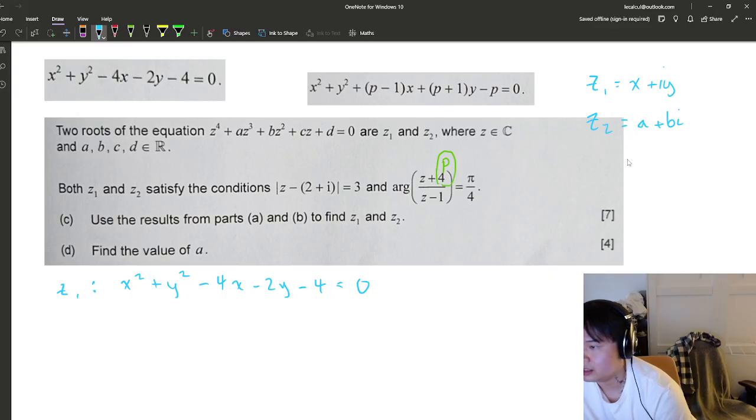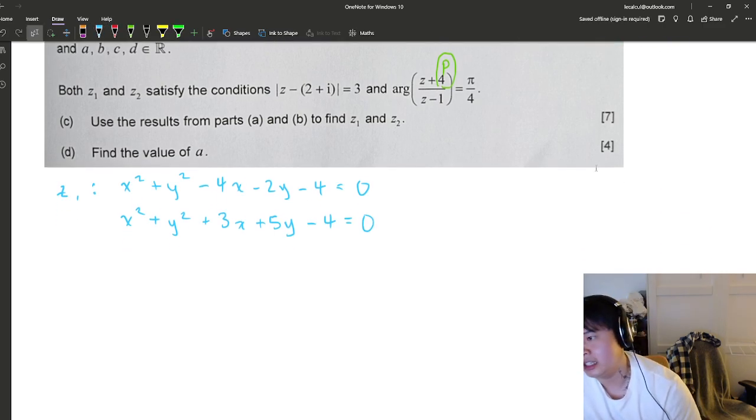Then from the other part B, x squared plus y squared, and then P is 4, so 3x plus 5y minus 4 equals 0.